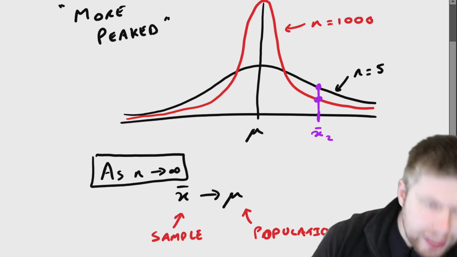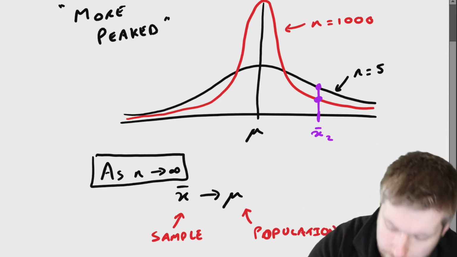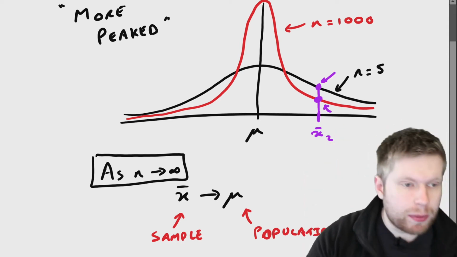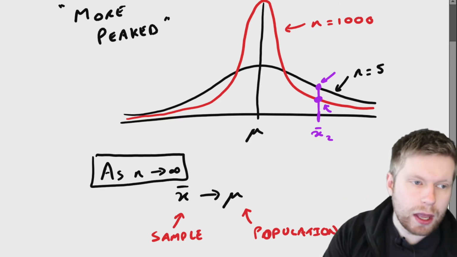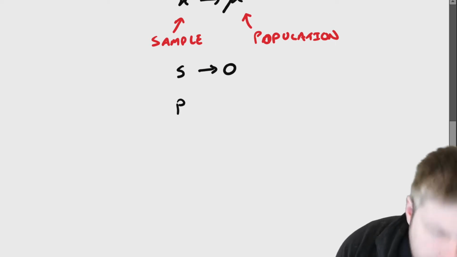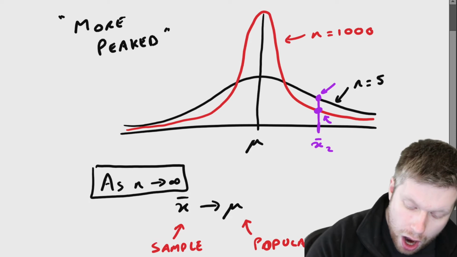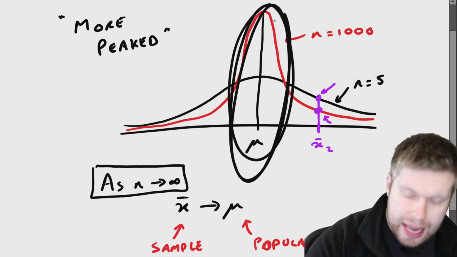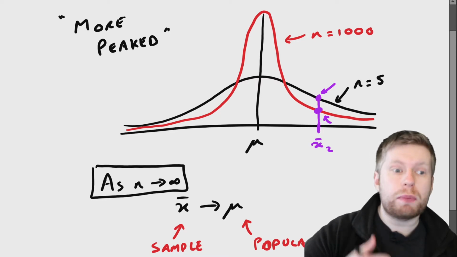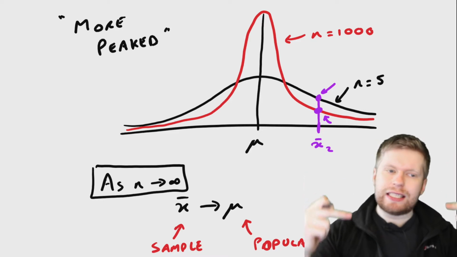But when I take more samples, that probability is effectively decreased, okay? I've gone from a probability up here, quite a high probability, to a probability down here. Remember, the height of the curve just gives you the probability. So if I'm looking for the probability of obtaining a sample away from the true population mean, in other words, away from this region here, if I'm only looking at a small number of samples, that probability should be higher, and then as I consider more and more samples, that probability effectively decreases.